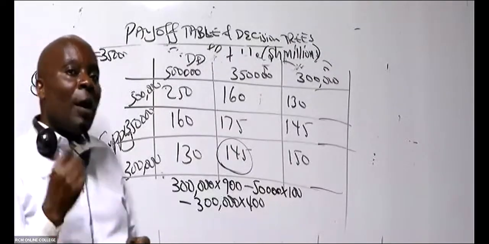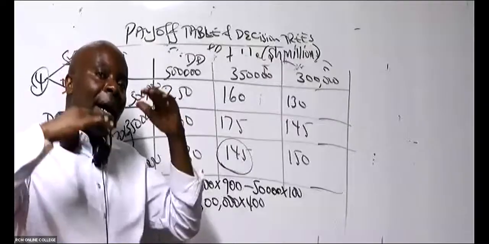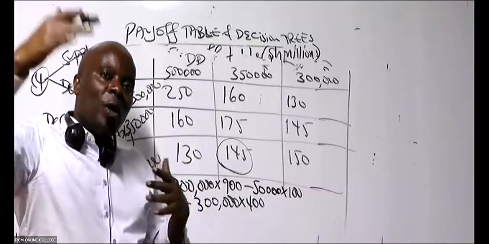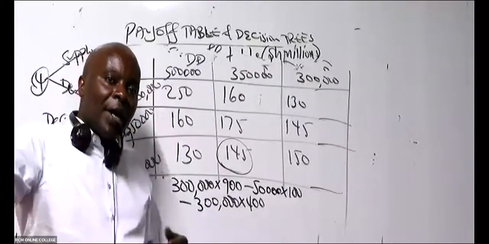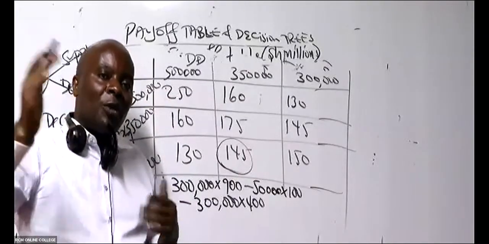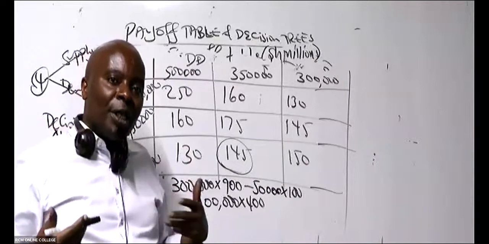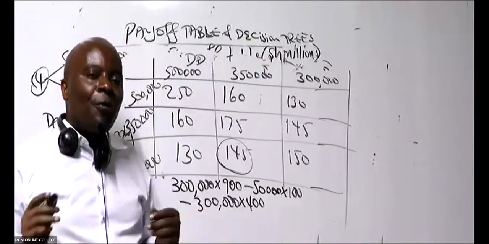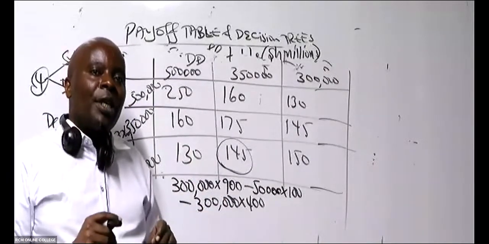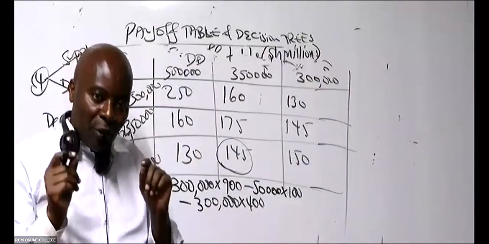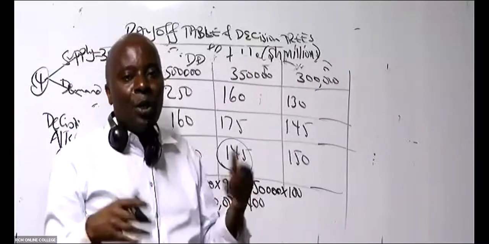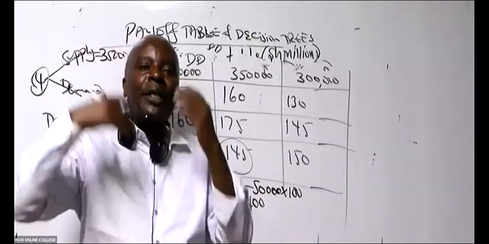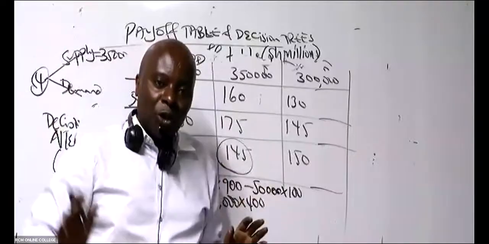So long as you appreciate that when demand is higher, you are sending away customers, for every customer sent away without my umbrella, the company loses 100. Don't confuse perishability scenarios and disappointment scenarios. I perish when I supply more than what is demanded. But whenever demand is higher, I disappoint customers.